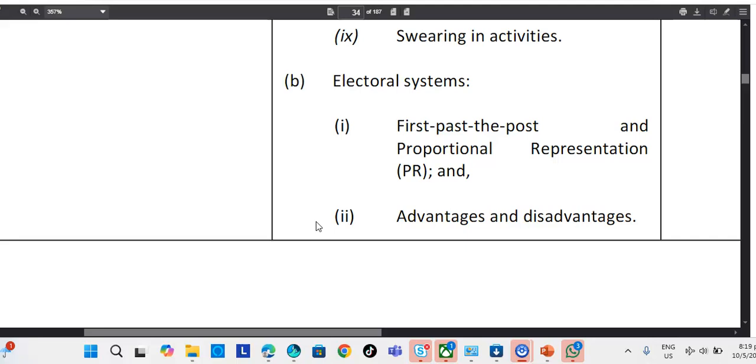Another advantage of the first past the post system is the process of voting and the counting of the votes for each candidate and the number of seats gained by each party are relatively simple. Thus, elections are conducted without major problems and the results can be released within hours of the closing of the poll.